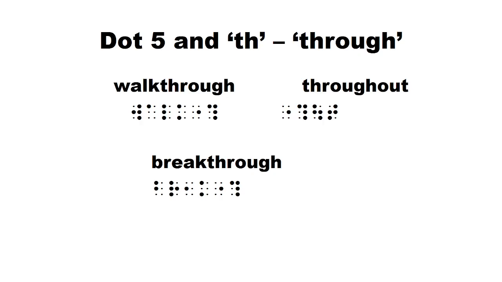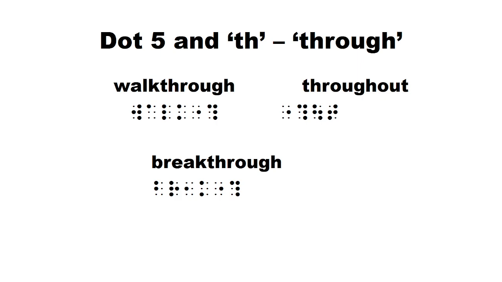And our third example, we have the word breakthrough. We write the letters BR, and since we know the contraction for EA, which is dot 2, we use that here for EA. We contract EA using dot 2, letter K, and the contraction for through, dot 5 and TH.